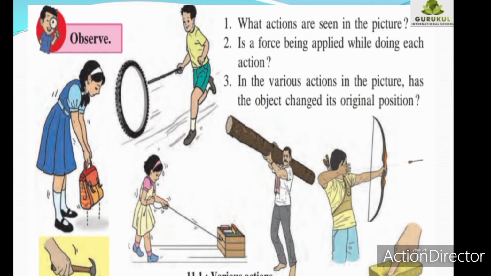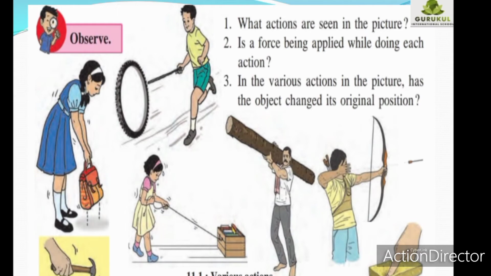He is applying a force to throw the arrow, correct? Then in the last picture, you can see the person is pressing a sponge. Now to perform all these actions, is a force being applied while doing each action? Yes or no? Yes. To perform all these actions, force is required to be applied on the objects, correct?